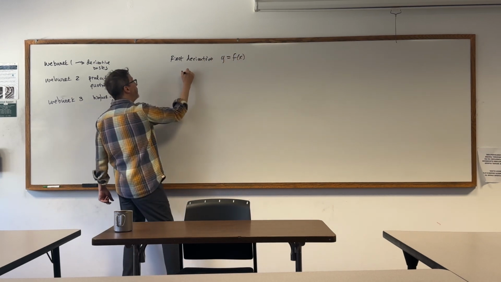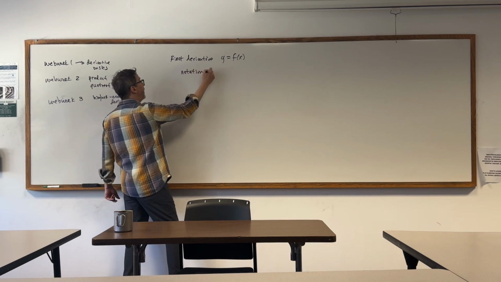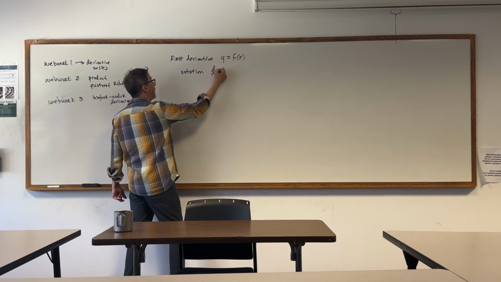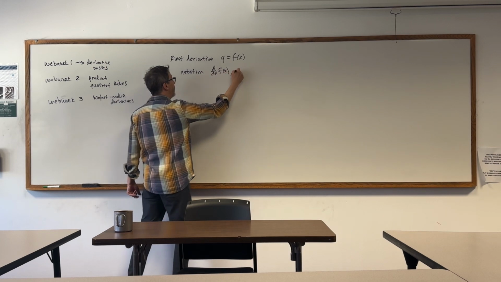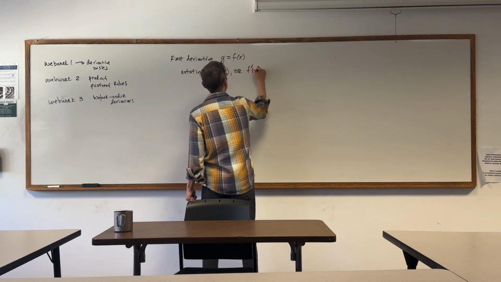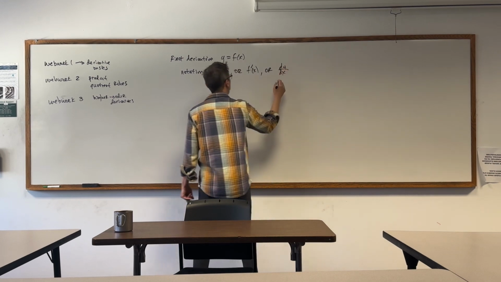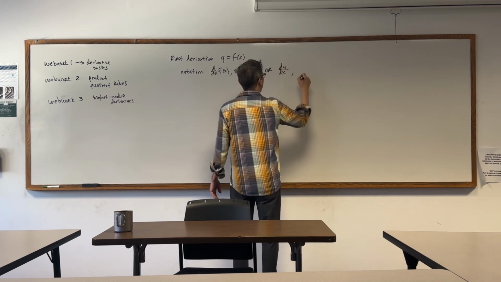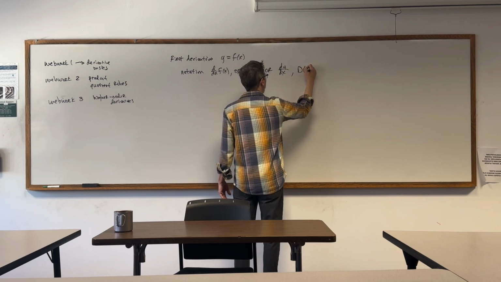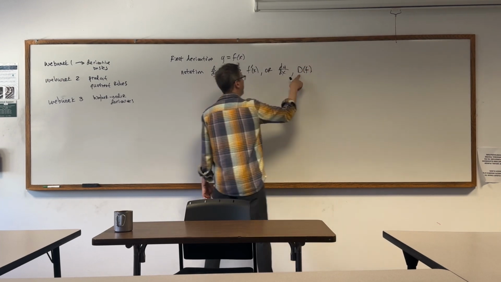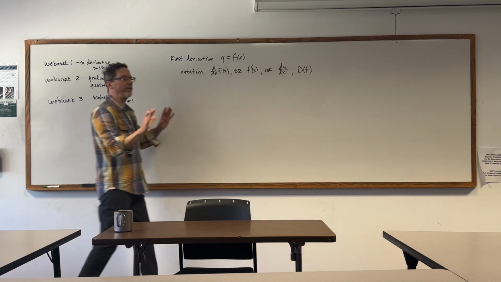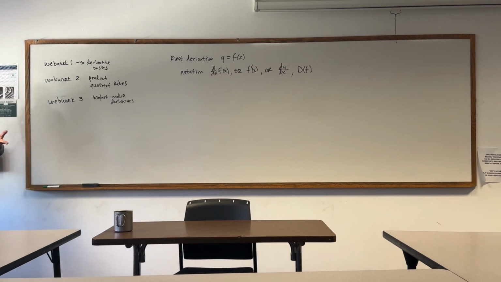The notation that says find that derivative is d dx f of x, or f prime of x, or dy dx, all that stuff. And then I guess the book uses d of f, derivative. The d stands for derivative. And like I've said a billion times, if you're not taking a derivative in something you do for the rest of the semester, you're doing it wrong.